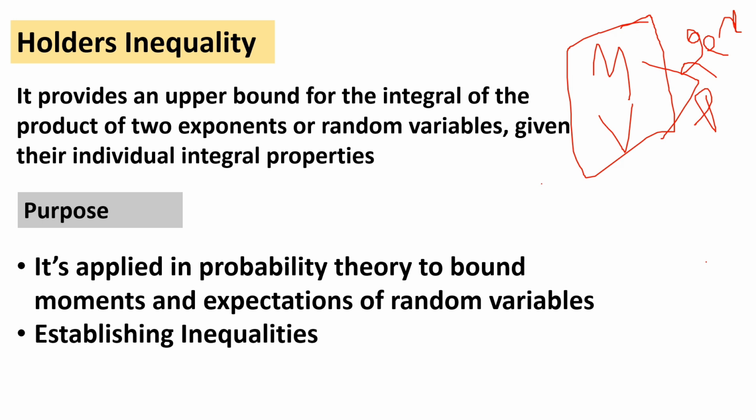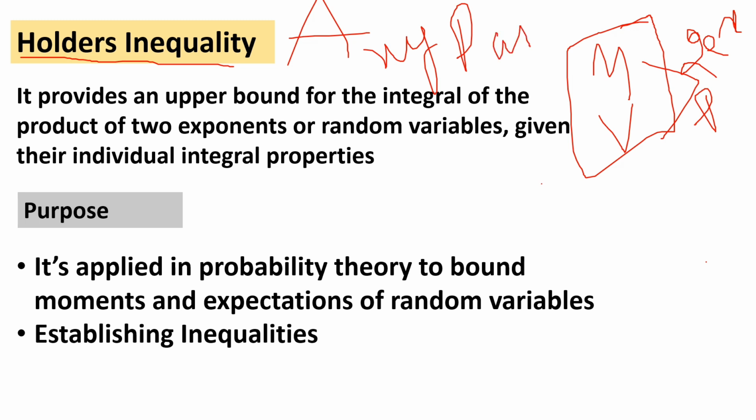But in the Hölder's inequality, it will take any two pair of components or exponents, we can call it, which is nothing but 1 by p is one exponent and 1 by q is another exponent. So by using the rth exponent, we can find out the upper bound.